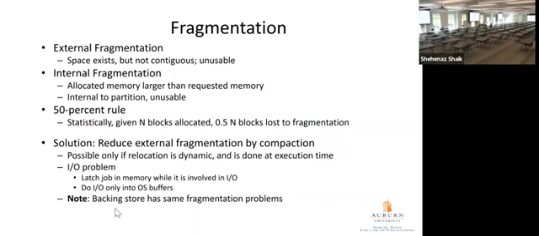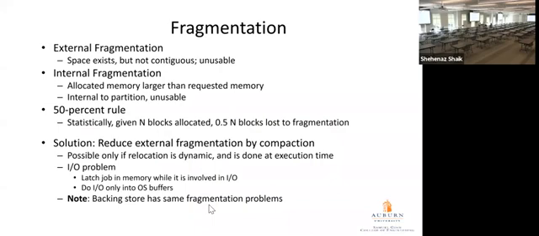Over a period of time, even on disk, we will have similar problems where we have different holes or free capacity at different parts of the disk, and to swap in a particular process, we may also need to find an appropriate hole to place it on the disk.